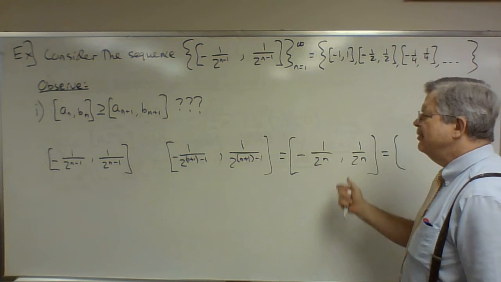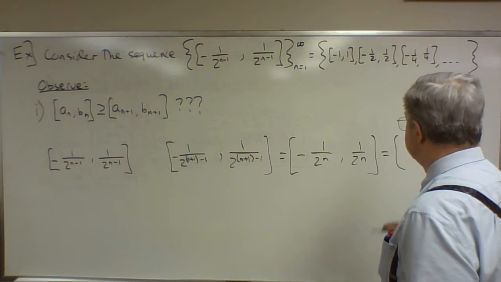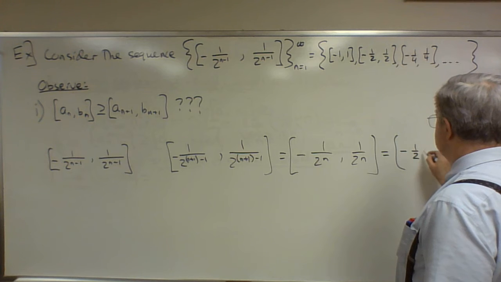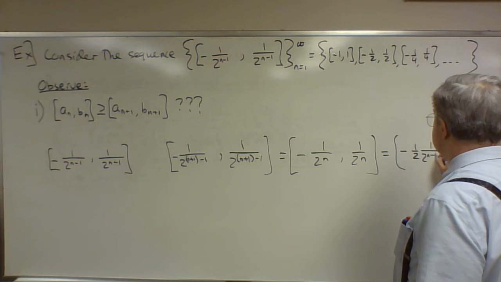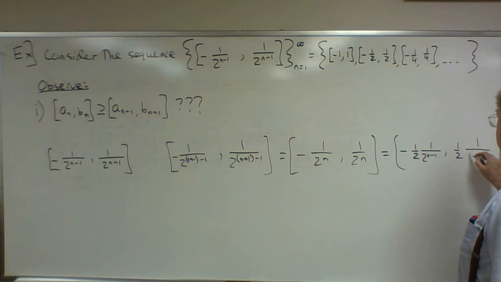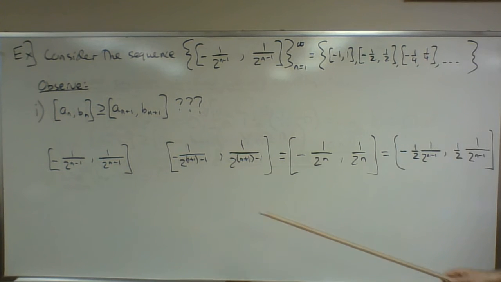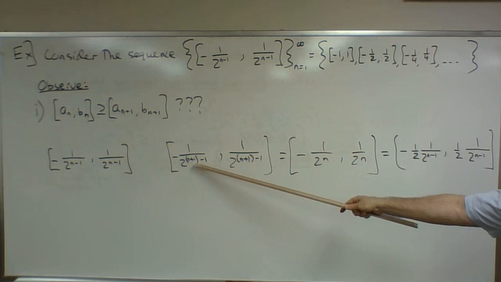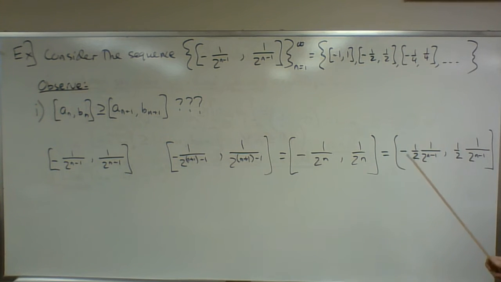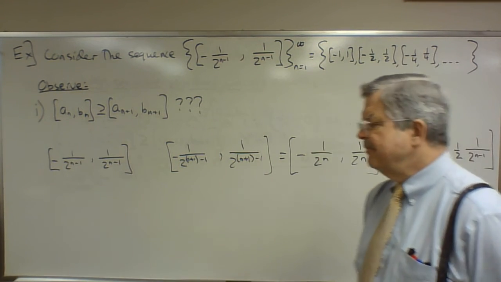Now, how do these endpoints relate to these endpoints? Notice that the left endpoint of the n plus first interval is negative 1/2 times the left endpoint of the nth interval.